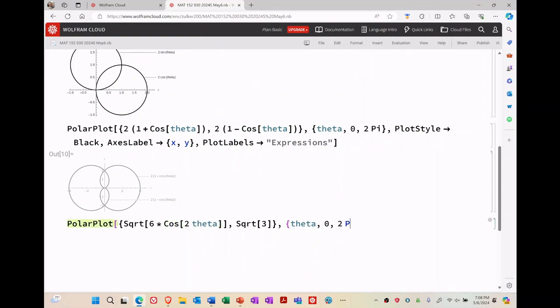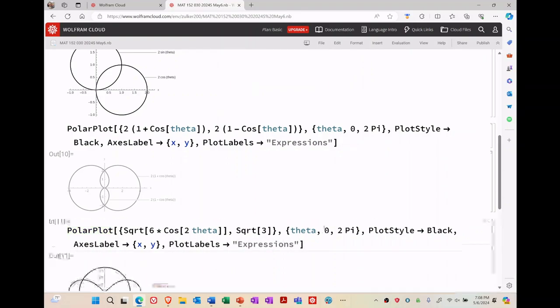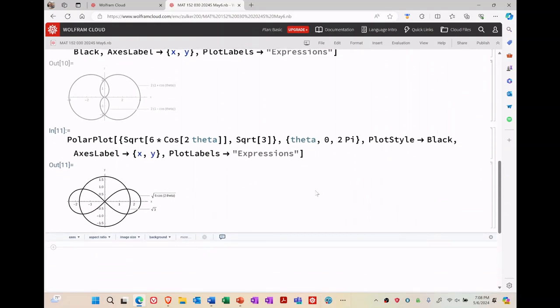Let me just try this from 0 to 2 pi. I think it's going to give me an error. It didn't. Perfect. Yep, and that is definitely the shape I wanted. So it was supposed to be cosine of 2 theta, not cosine of theta.